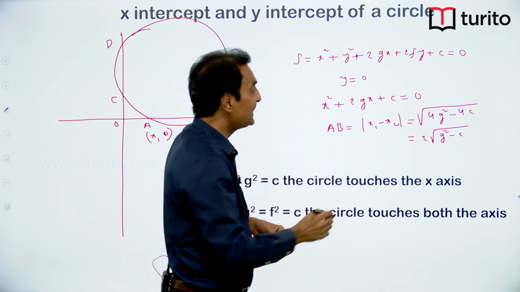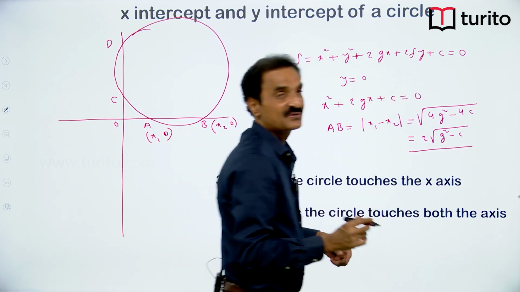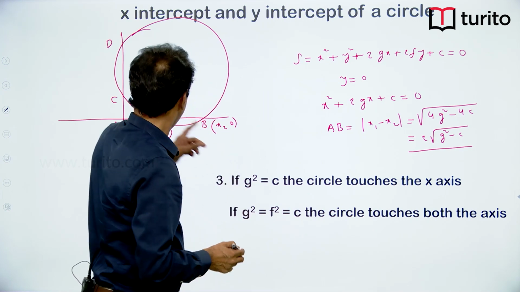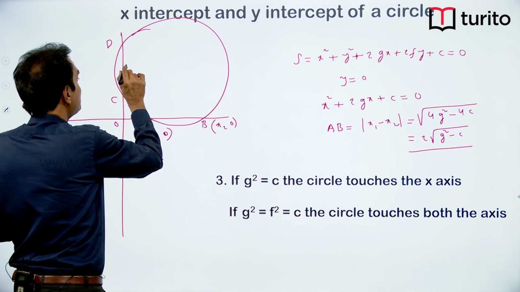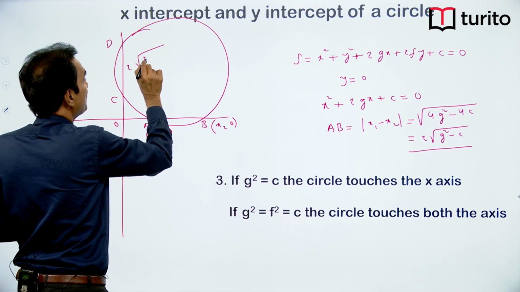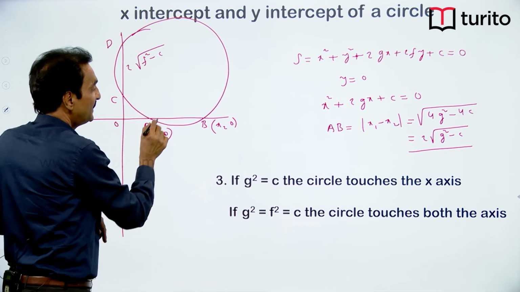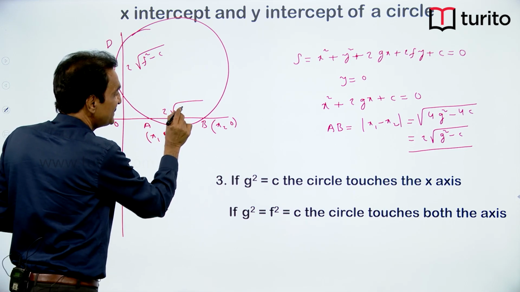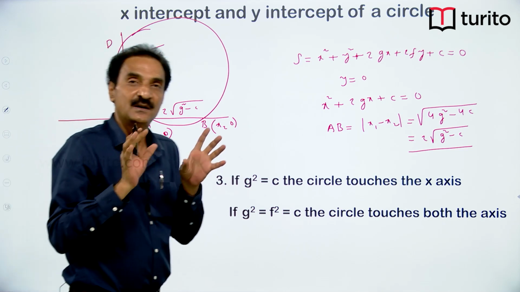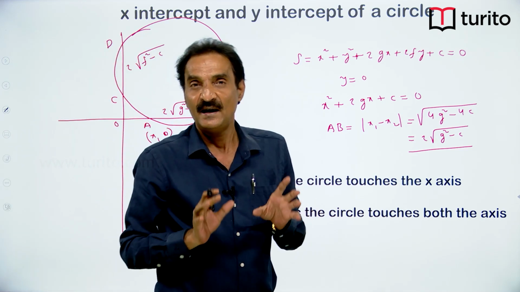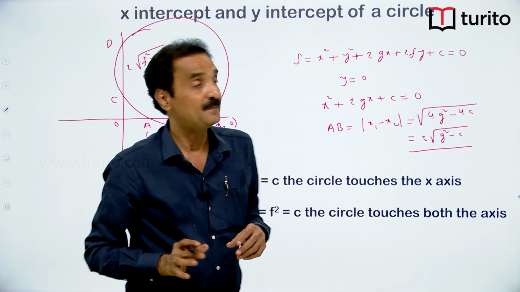So the formula for the length of the x-intercept is 2 root g square minus c. Similarly, the length of the y-intercept will be 2 root f square minus c. You need to remember these formulae, x-intercept and y-intercept of a circle.